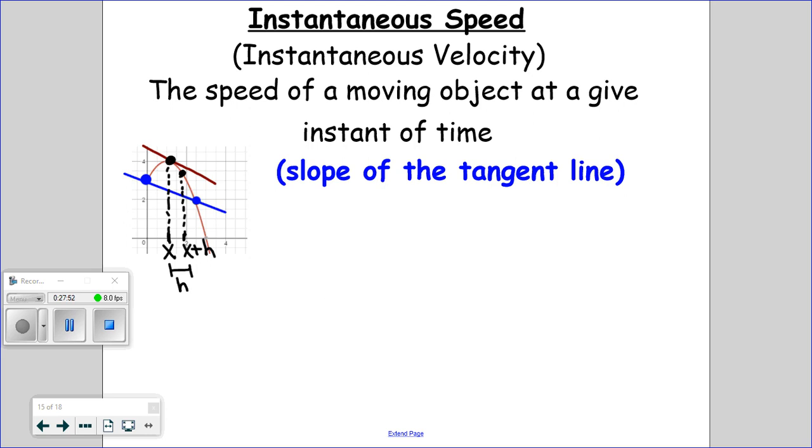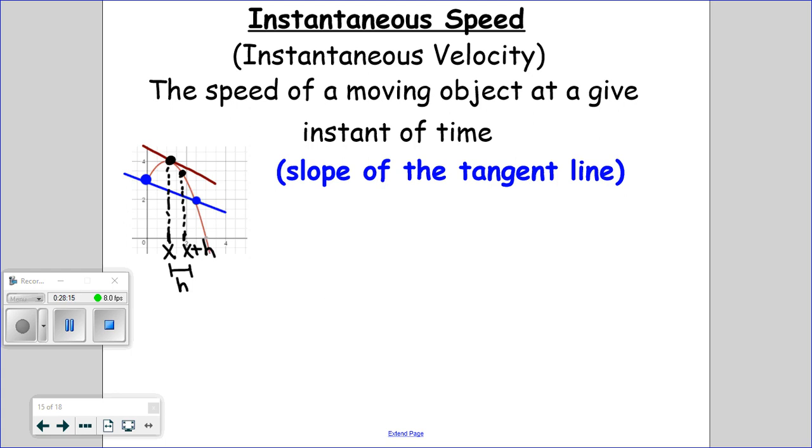Well, basically what I want to do is to get it to just be that dot instead of the two dots, is that I make h so small it's practically 0. That I'm so close, h is negligible. Okay, well, how do I do that? We use limits and we make h approach 0. But what you're going to see as I set this up is it's still just the slope between those two points.